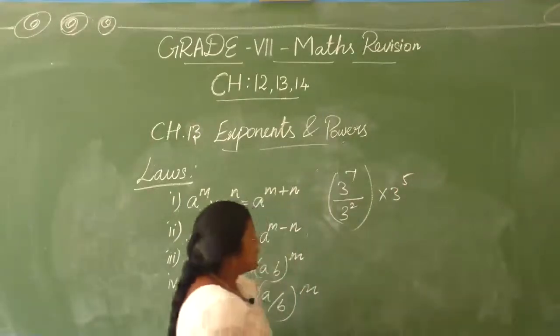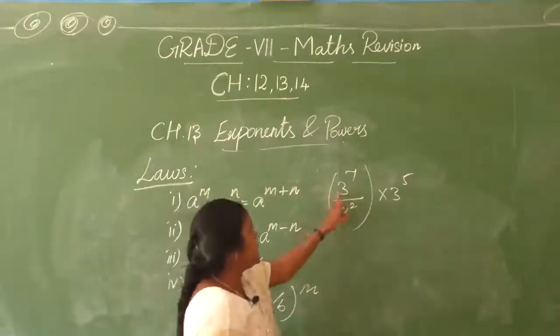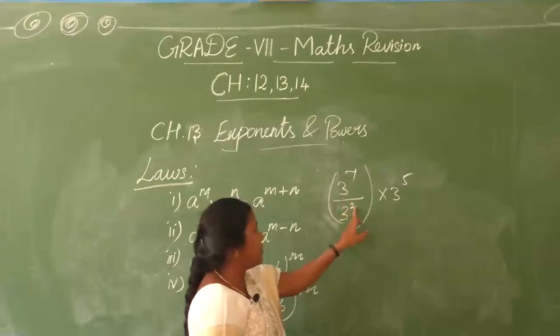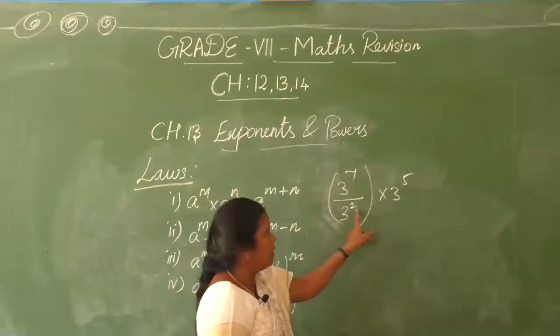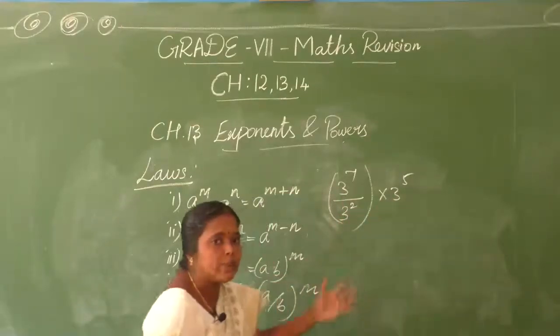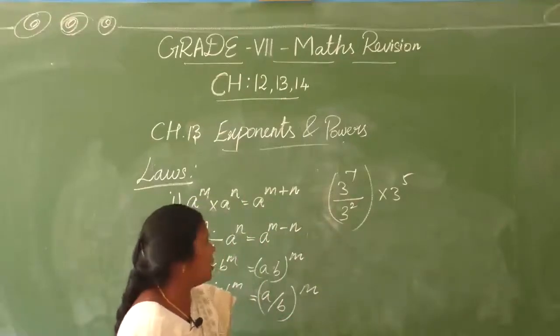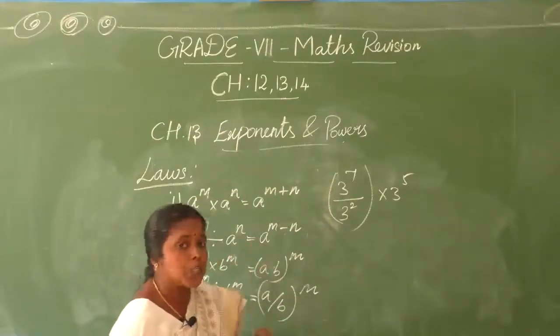Given like this, 3 power 7 divided by 3 power 2, nothing but 3 square, into 3 power 5. We have to simplify using the law and write the answer in exponential form.